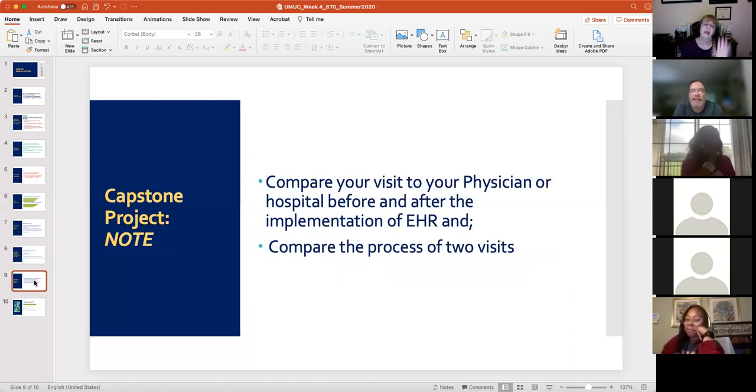Okay. There's a note on your capstone project. The only reason I put this here is to give you kind of a sense of comparison. I don't know that any of you can actually do this because hospitals and doctors' offices, for the most part, have implemented EHR at least since 2017.